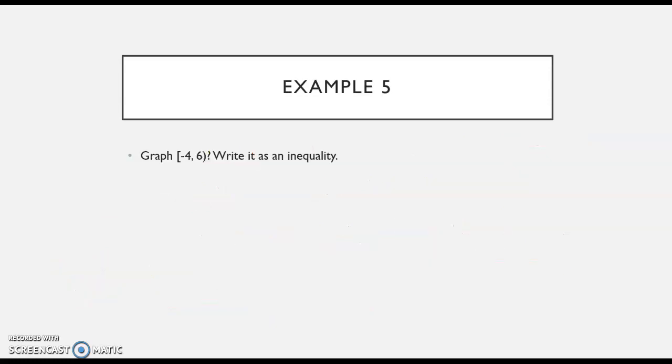This next example, graph [-4, 6), and then write it as an inequality. So because there's two numbers and not an infinity symbol, I'm going to start at -5, -4, -3, -2, -1, 0, 1, 2... 6.